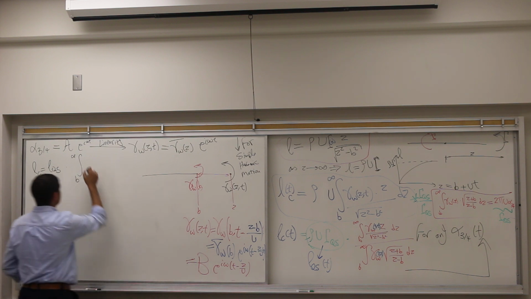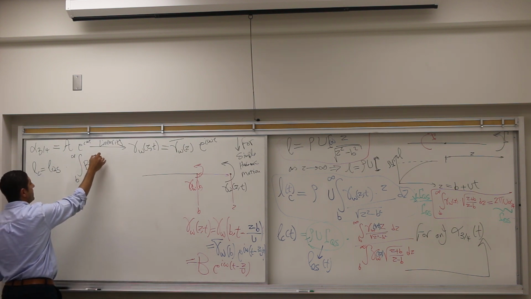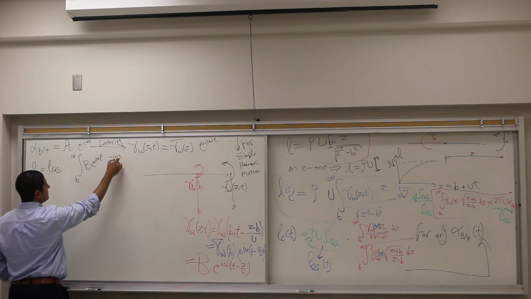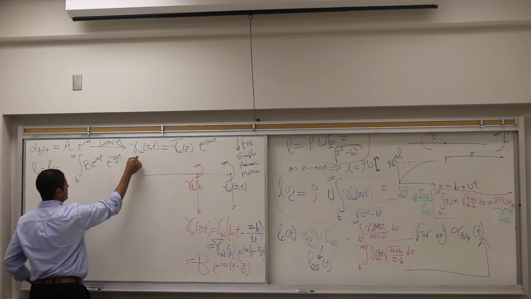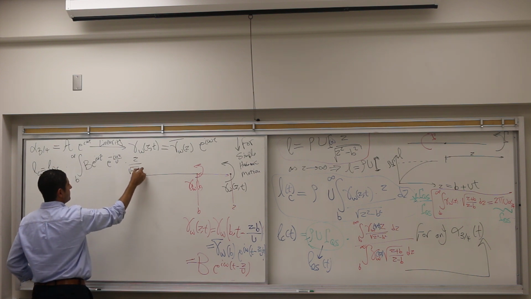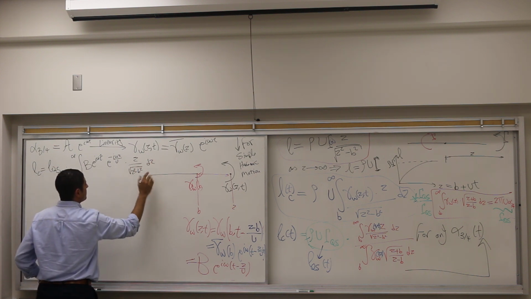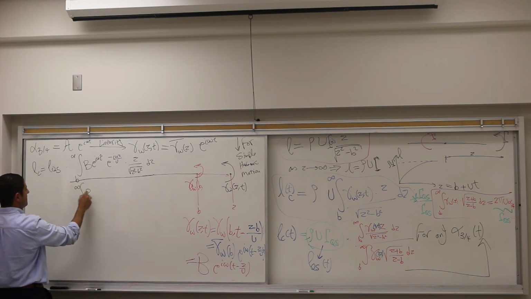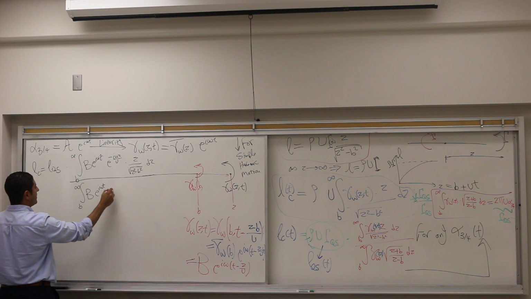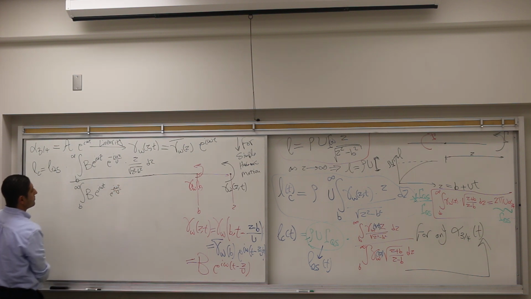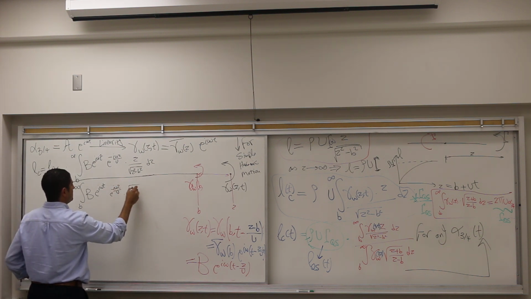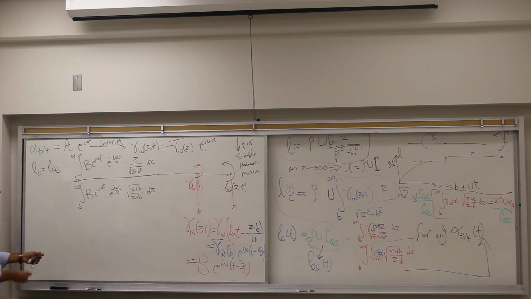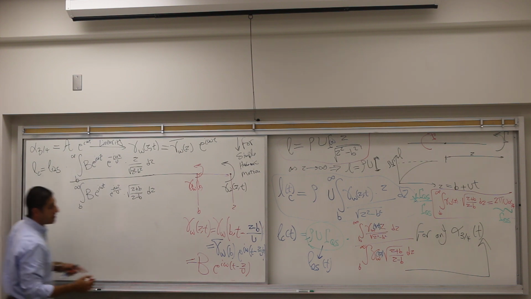So it's some constant e to the i omega t, e to the negative i omega z over u, times the square root of z over z minus b dz, divided by the same constant e to the i omega t, e to the negative i omega z over u, times the square root of (z plus b) over (z minus b) dz. So this allowed us here.